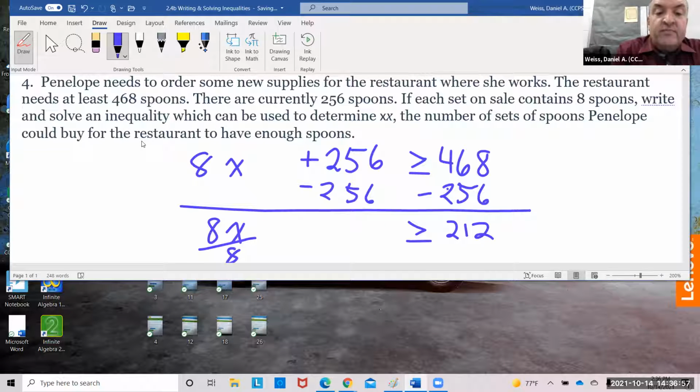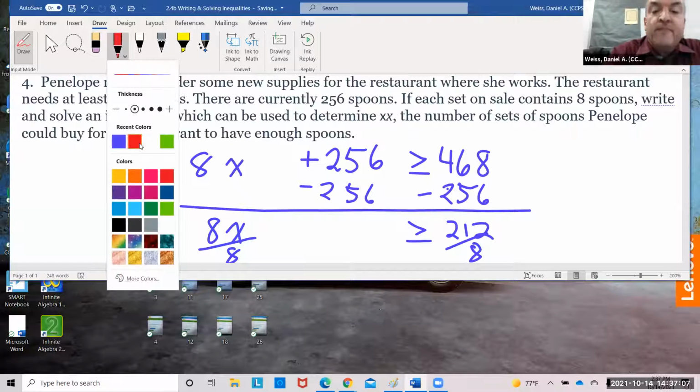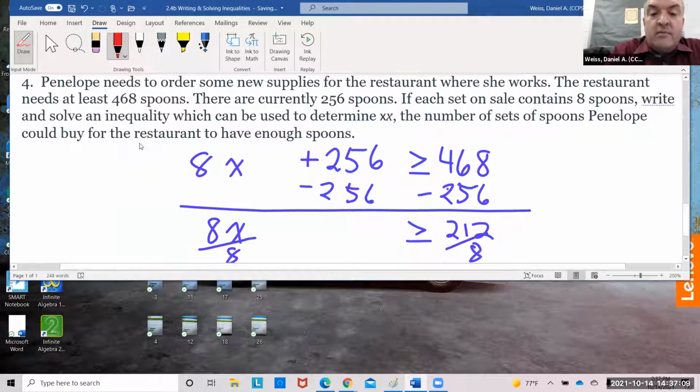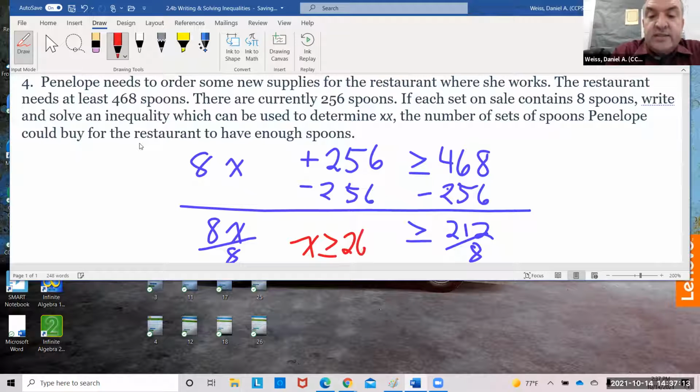Divide by 8, and 212 divided by 8 is 26.5. So x is greater than or equal to 26.5.